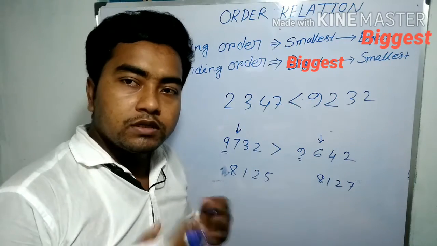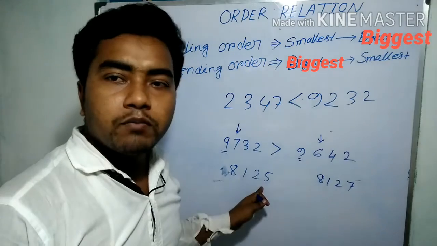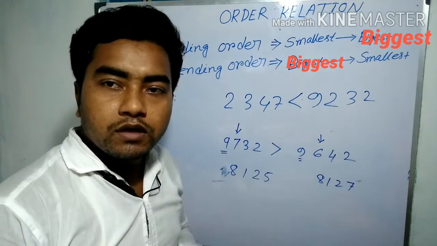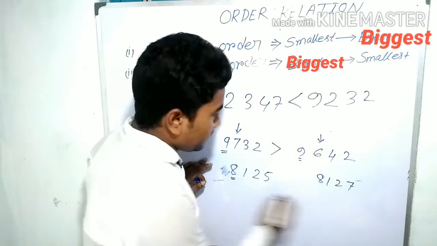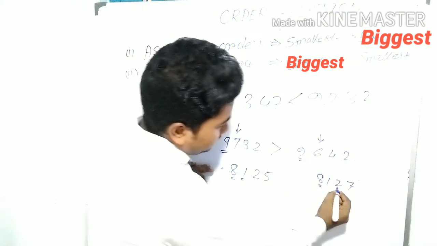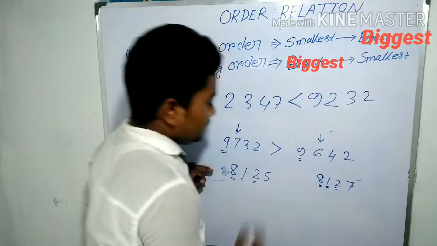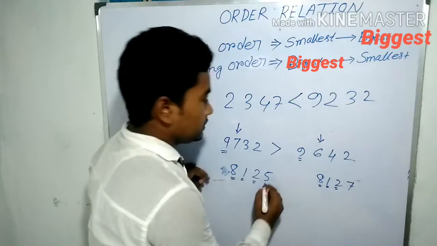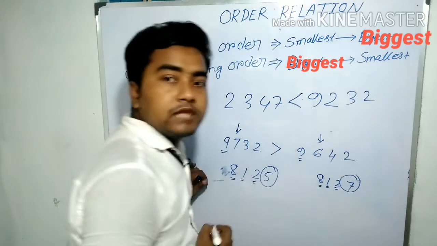In this way we will proceed. If the first three digits of the numbers are equal, at first compare the first to the first, it is equal, then compare the second, it is also equal, then compare the third, it is also equal, then compare the last digit. Here it is 5 and here it is 7.